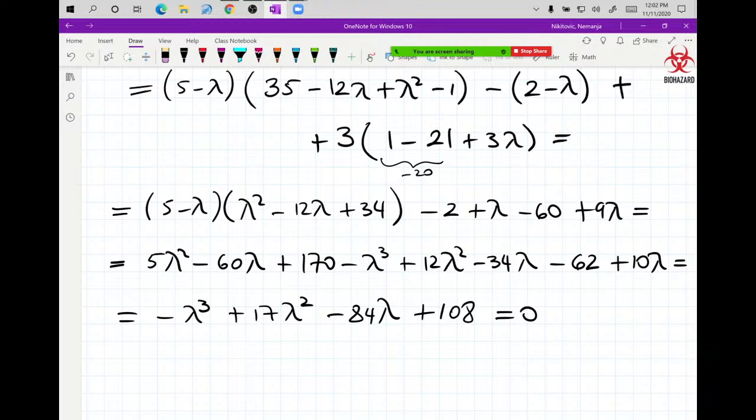I am not wasting my time on factoring this by grouping. Let's go and say solve negative x cubed plus 17x squared minus 84x plus 108 equal 0.